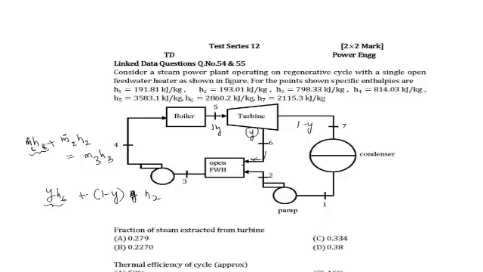It's just a mixing process where there is no heat exchange with the surroundings and no work done. So the sum of the enthalpies at the inlet will equal the sum of the enthalpies at the outlet. The enthalpy at the inlet is y H6 plus 1 minus y into H2, mass into enthalpy. The outlet is 1 kg, because y plus 1 minus y is 1, into H3.